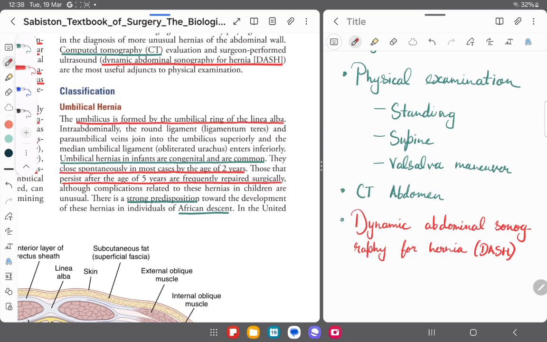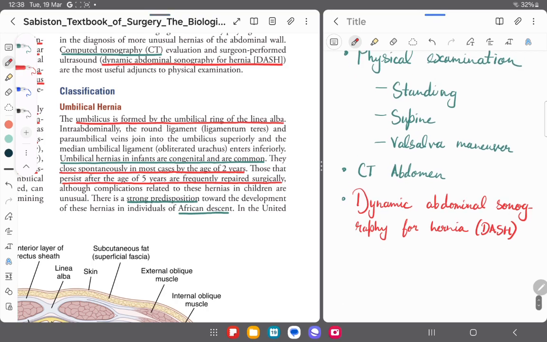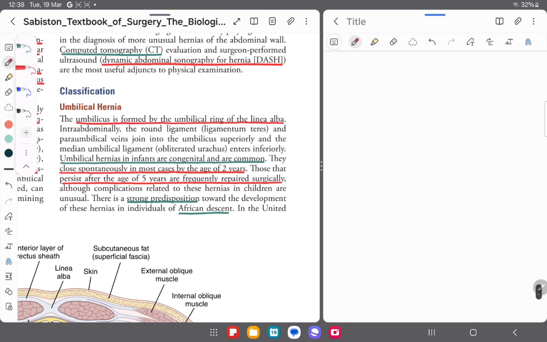So umbilical hernias in infants are congenital and are common. Okay, so let's make notes. Umbilical hernias.